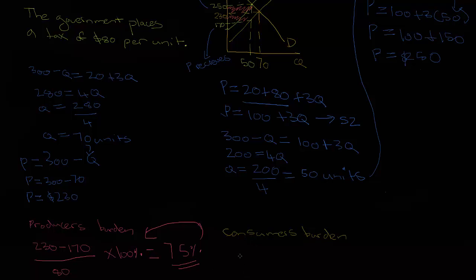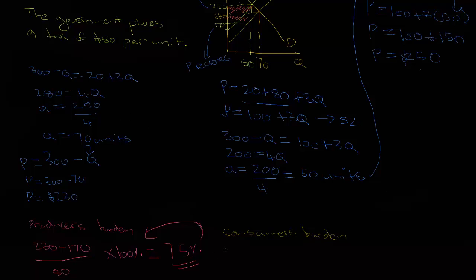But we'll just do a calculation, and if everything works out right, it should equal 25%. So the percentage of the tax that the consumer pays will be 250 minus 230 divided by the value of the total tax, which is 80.